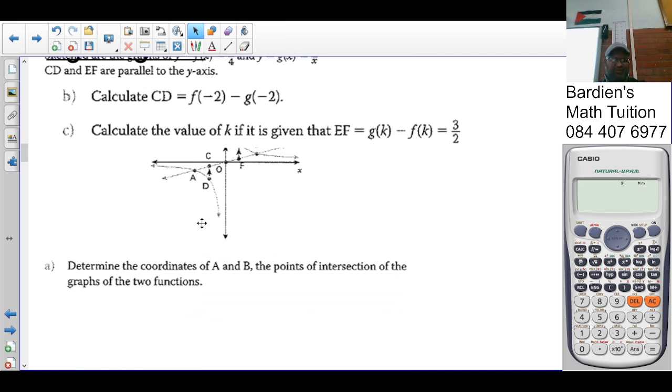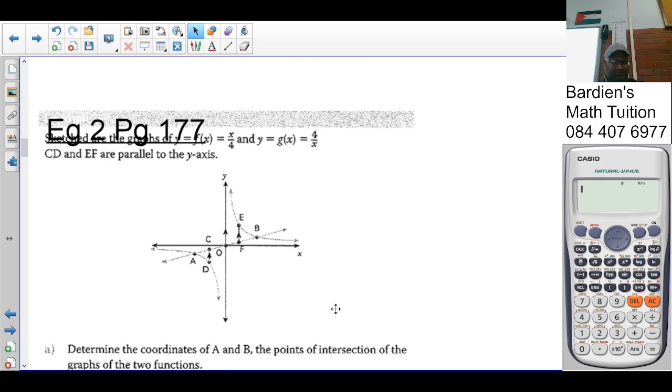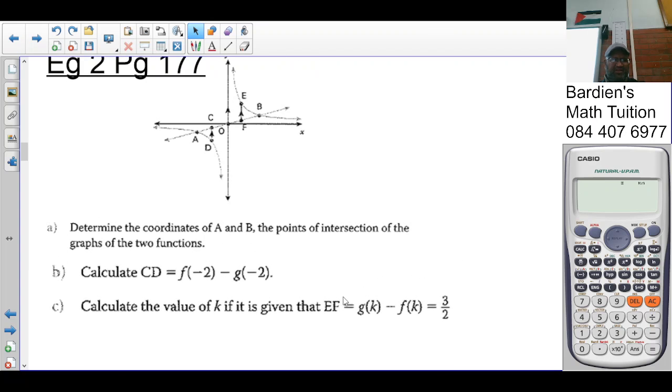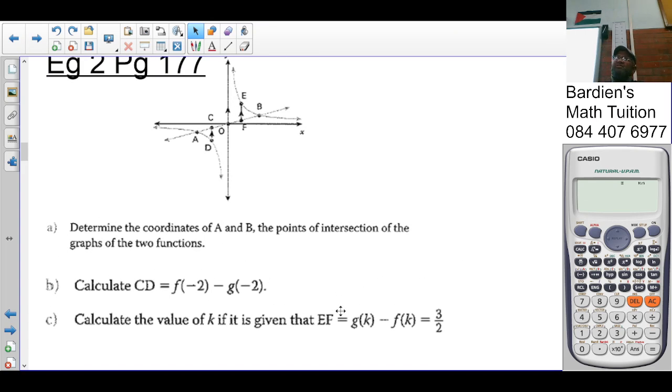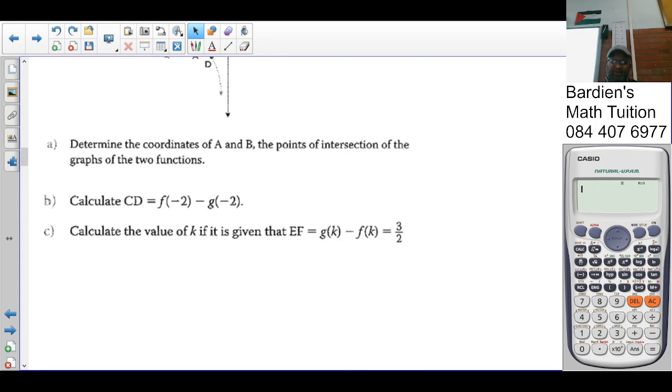People, this work is not difficult. You just need to practice it, that's all. Okay. Not difficult at all. And you can see it's a lot of marks involved. Some mark 4 marks, some 3 marks, some 6 marks. So spend some time on it. It's going to be worth your while. Okay.